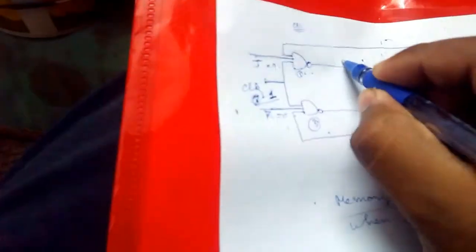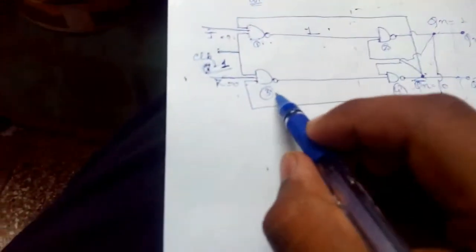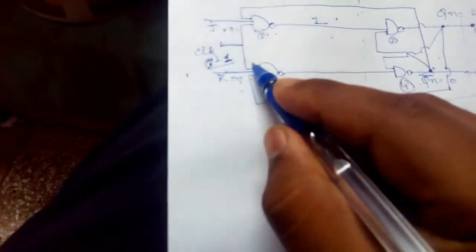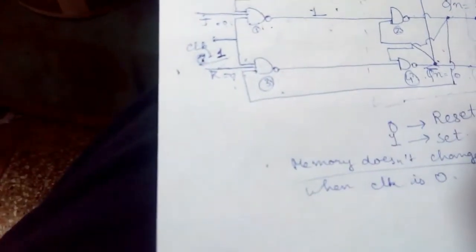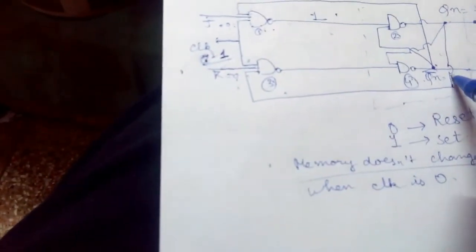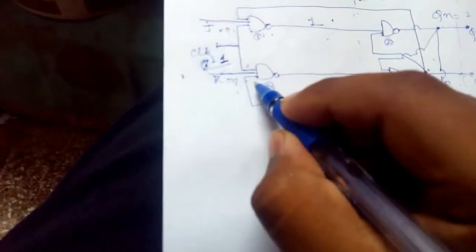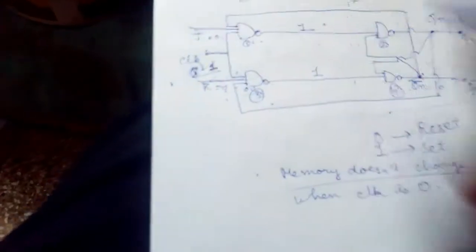The NAND gate for 0 0 1 is 1, that means the outcome would be 1. Similarly, for NAND gate 3, 0 from K, 1 from the clock pulse and 1 from Qn dash, that is 0 1 1. The outcome is again 1.